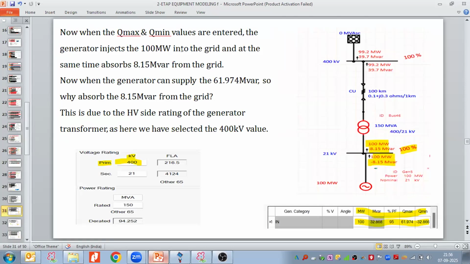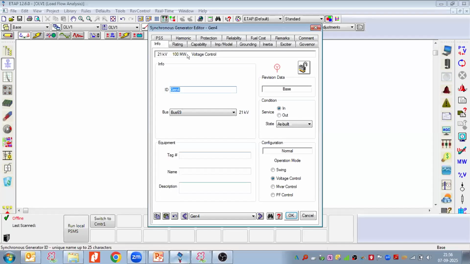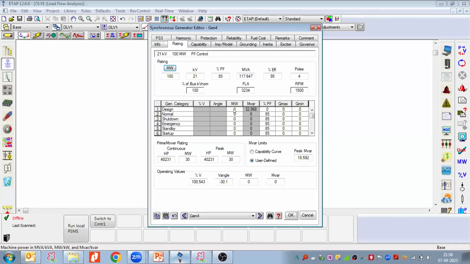Now when the Qmax and Qmin values are entered, let us enter this value. So go over here, and then go to the PF control mode, and then rating. Suppose I am putting the megawatt as 100 megawatt. Then what is my power factor? 0.85. Yes, 85 because it is in percentage.